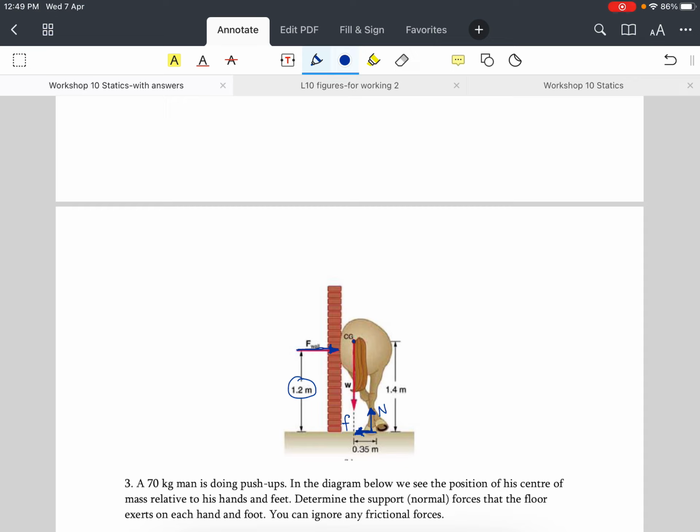We are also shown that the center of mass is 0.35 meters away from the horse's hoof. So that gives you the lever arm between the weight force and your chosen pivot point. The weight force here is shown to be 0.35 meters away from where the hooves are.